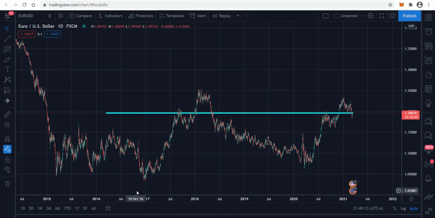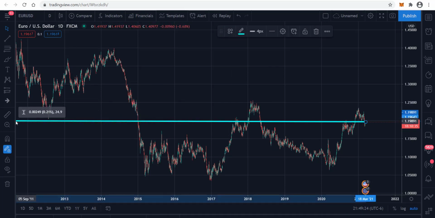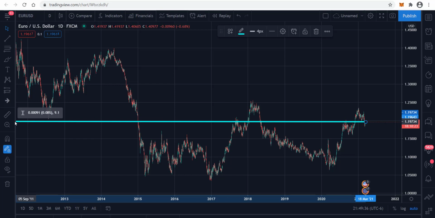Even though it wasn't verbalized, it was really resistance there as well. Let's see if there's anyone else that we've left off. Arguably, this one as well, this peak over here. Almost. We'll just leave it there.